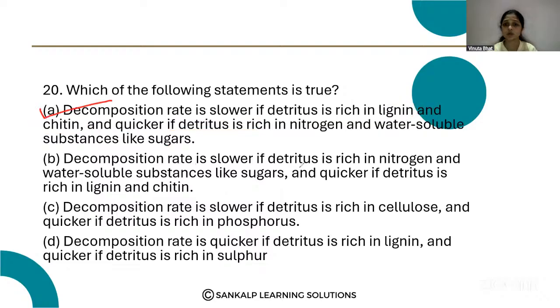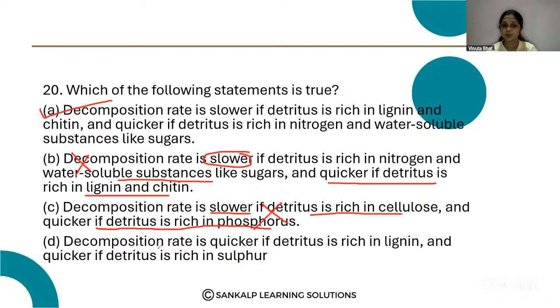Decomposition rate is slower if the detritus is rich in nitrogen and water soluble substances. No, it will be faster if it is composed of water soluble substances like sugar, and quicker if the detritus is rich in lignin and chitin. So this is the wrong one. Decomposition rate is slower if it is rich in cellulose, and quicker if the detritus is rich in phosphorus. So this is also a wrong statement.